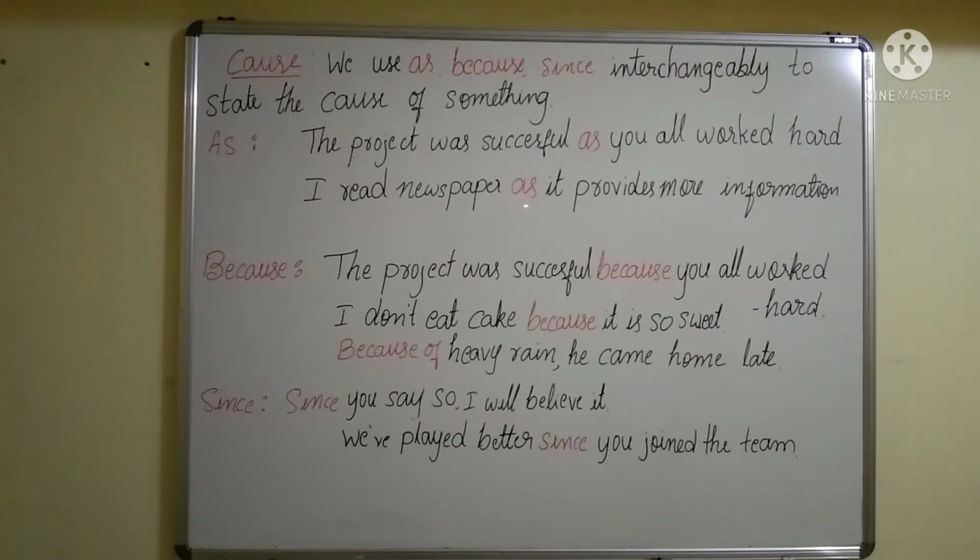Then when we come to this clause, you read from here: "as it provides more information." This is again a subordinating clause. Without the independent clause, if you read this sentence from here, as it provides more information, then what next?